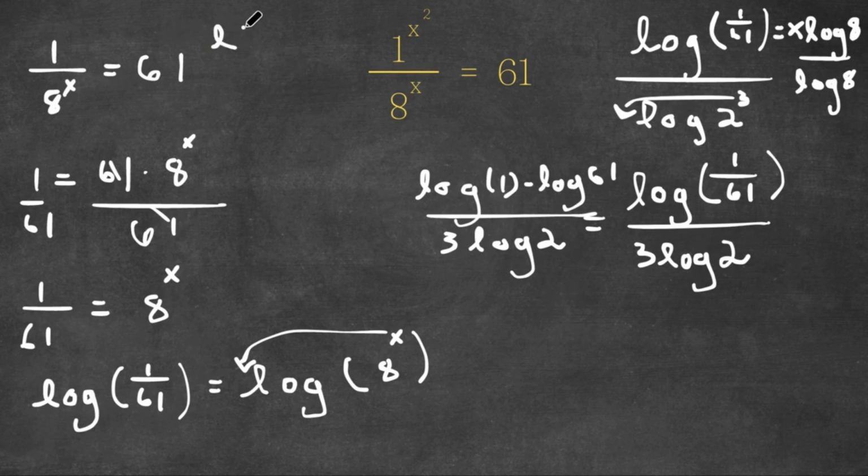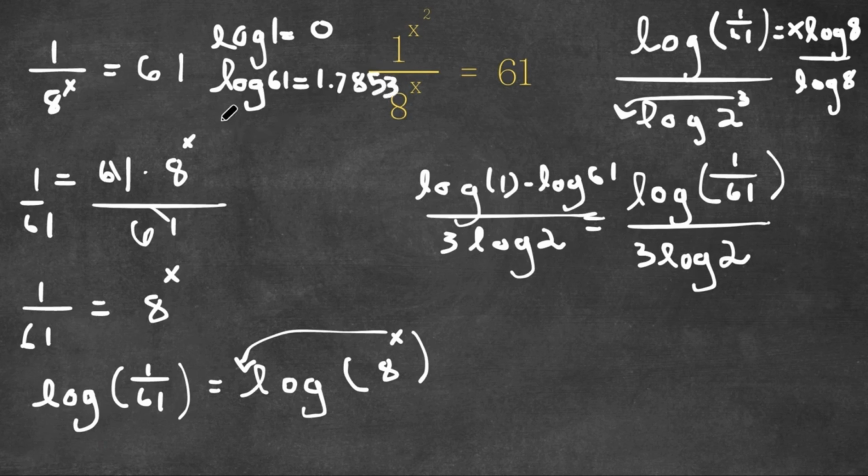Now, log 1 is equal to 0. Log 61 is equal to approximately 1.7853. And 3 log 2 is equal to 0.9031.